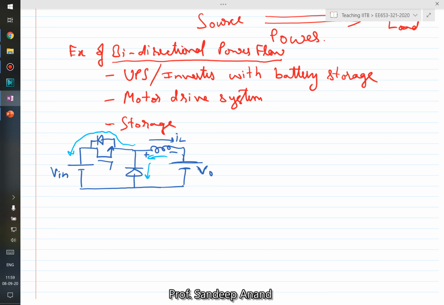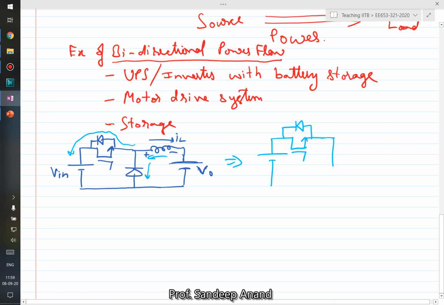So what usually people do is, instead of using this circuit, people go for this kind of circuit, wherein you use two MOSFETs instead of a single MOSFET. And now you have an input voltage, you have an output voltage, right?